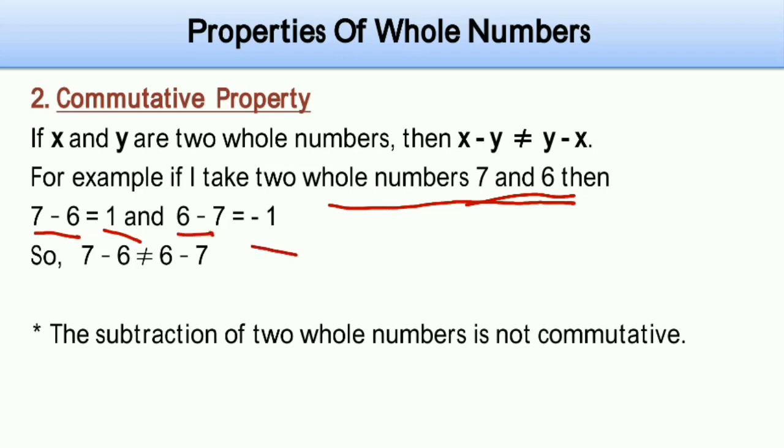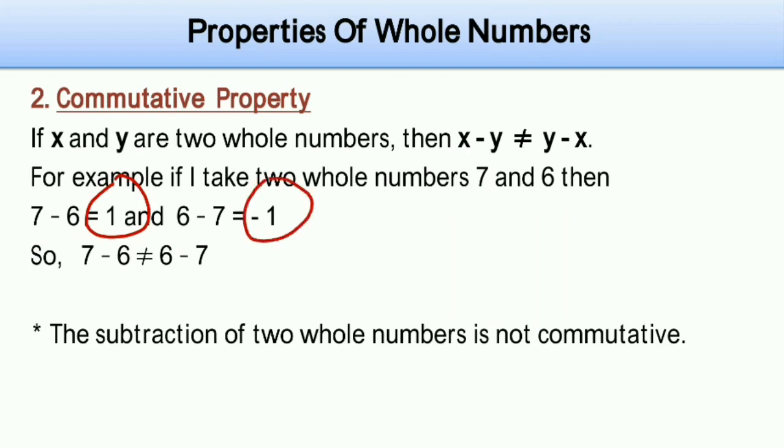Here we have changed the order and the results are different. So 7 minus 6 is not equal to 6 minus 7.